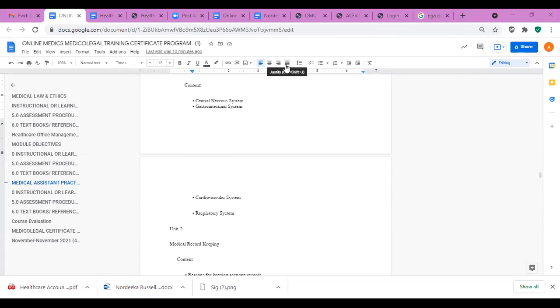And apparently it's almost the same amount of time you would need for the medical assistant. To meet the requirements, you're going to be doing two exams, one for paralegal and one for medical assistant, so that you can get two different certificates. At the end of the day, you would be getting a certificate for paralegal and a certificate for medical assistant.